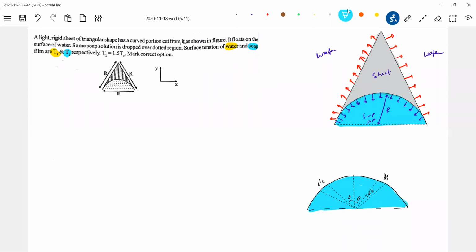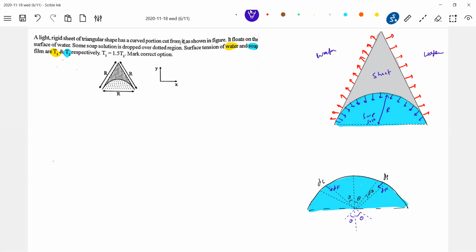Fine. So here the force will be df. This is df. So if you further extend this line, the resultant force, how should it be? Vertically down. Resultant force should be vertically down.